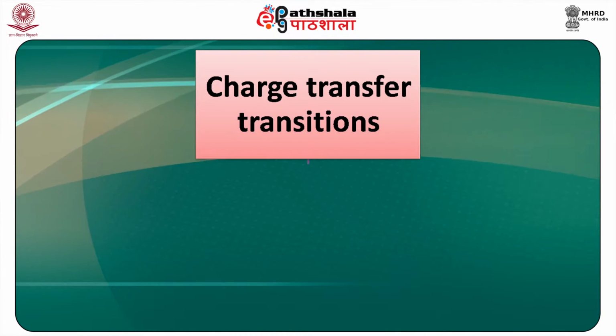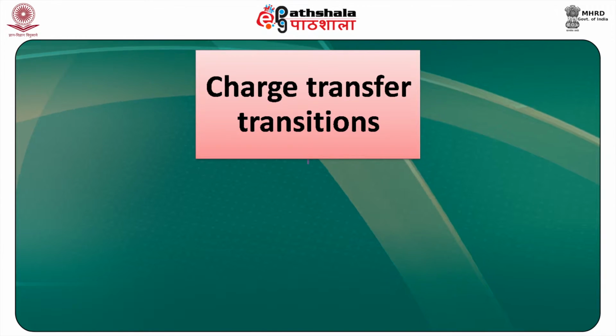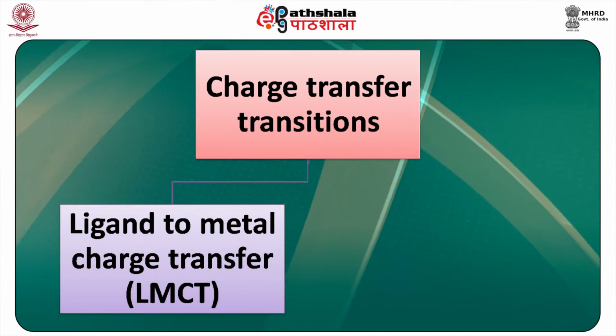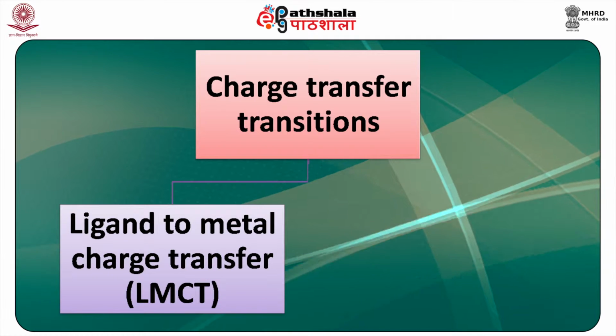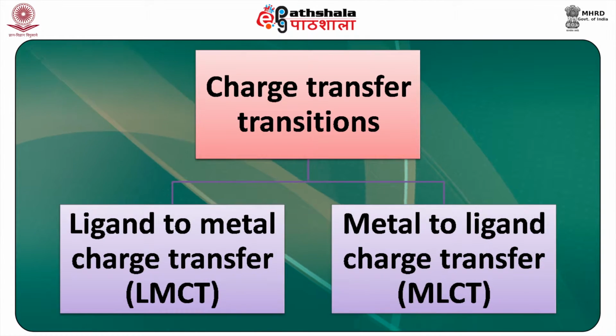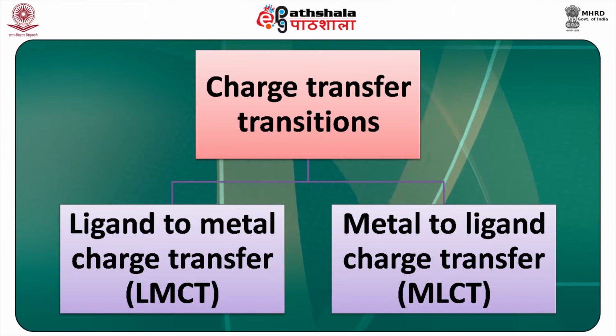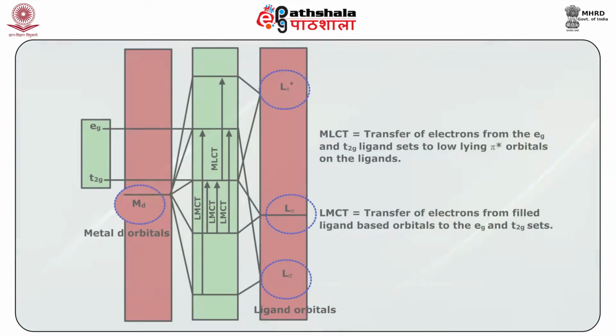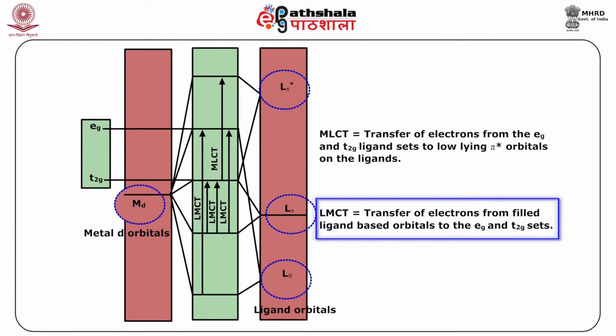The charge transfer transitions can be of two types, namely ligand to metal charge transfer, LMCT, and metal to ligand charge transfer, MLCT. In the case of LMCT transitions, their origin lies in the transfer of electrons from the low-lying molecular orbitals that are principally ligand in character to the orbitals that are chiefly metal in nature.